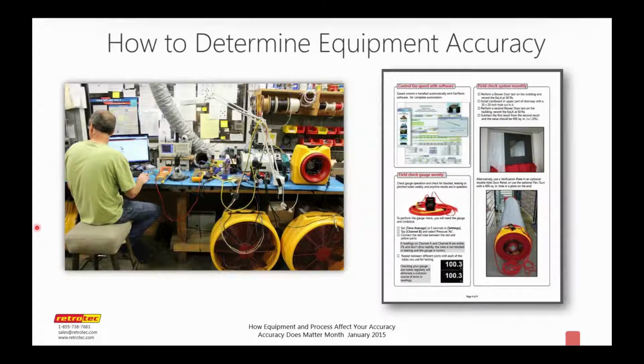So let's talk about our first session objective, which is how to determine accuracy. Let's talk about how you can find out if the equipment that you're using is accurate right now. I don't know if you're aware of this, but it is relatively expensive to actually calibrate.